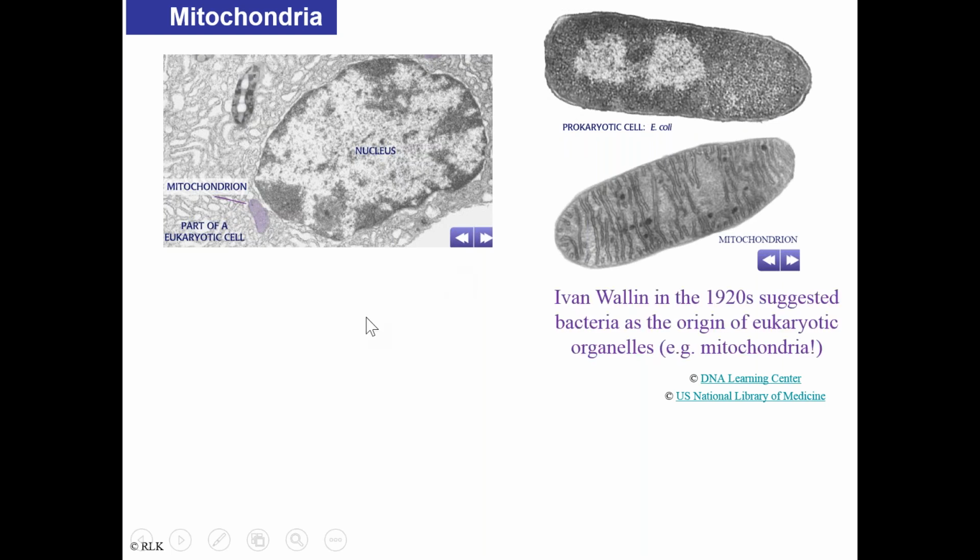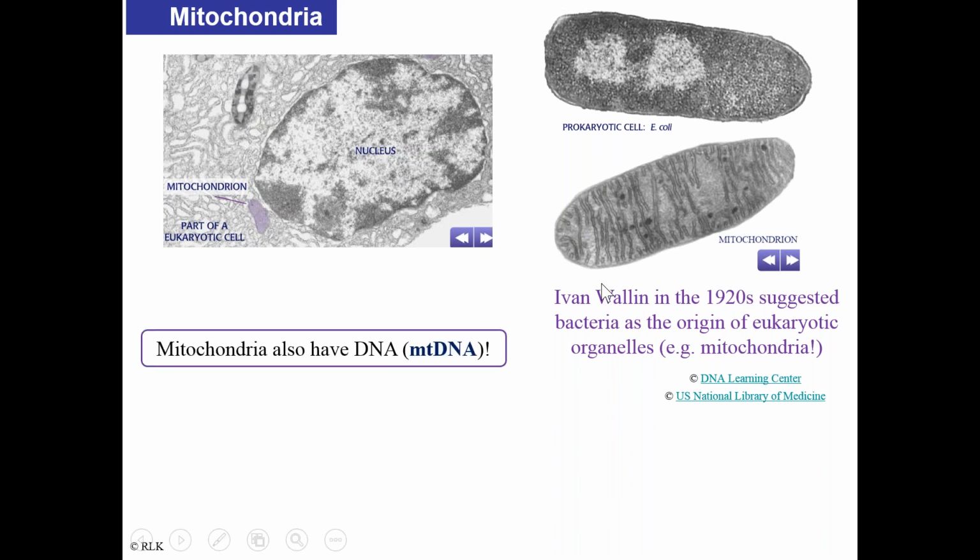So, because of that size and shape similarity, Ivan Wallin in 1920 suggested bacteria as the origin for eukaryotic organelles, i.e. the mitochondria. That is absolutely incredible. So somehow the mitochondria, maybe one day way back when, or maybe is in fact now, you never know, depending on your perspective, it is bacteria based.